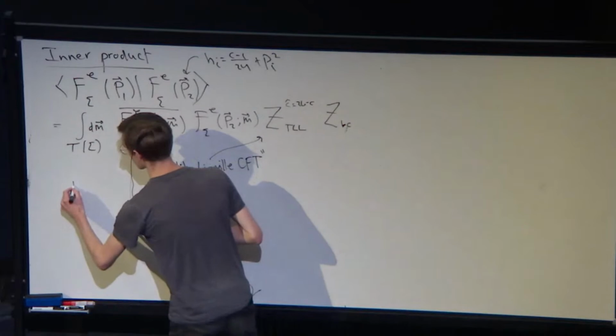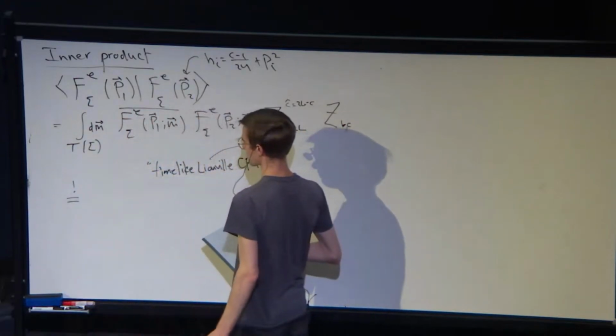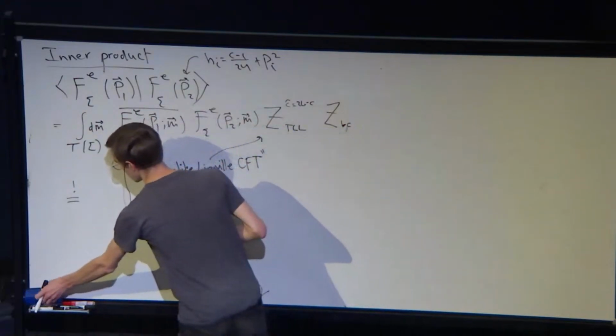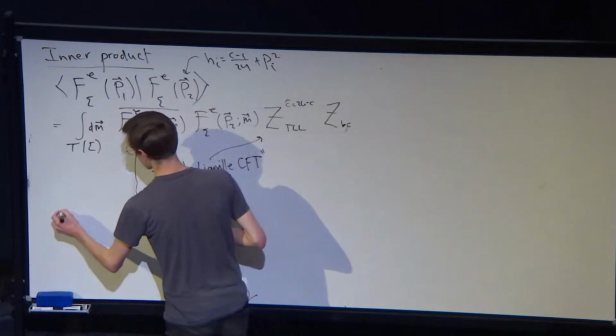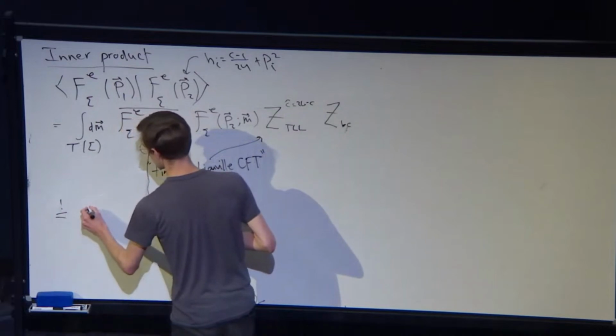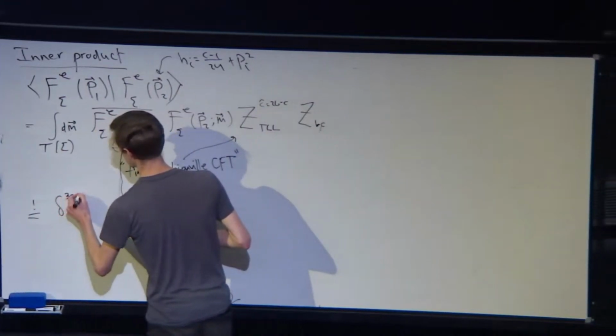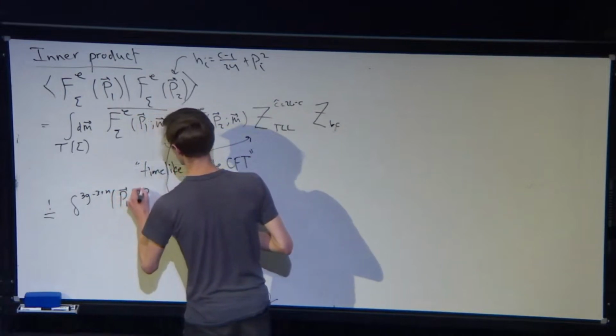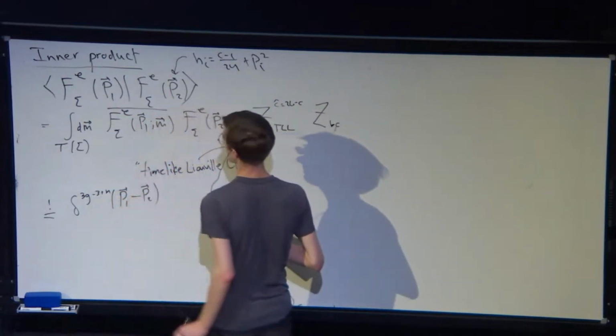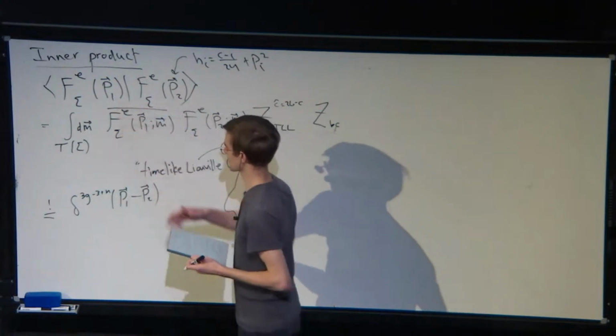So we claim that this can actually be evaluated, and the inner product is in fact orthogonal, but not orthonormal. So it's only non-vanishing if all of the internal weights are the same.